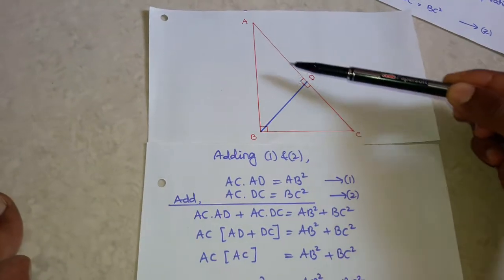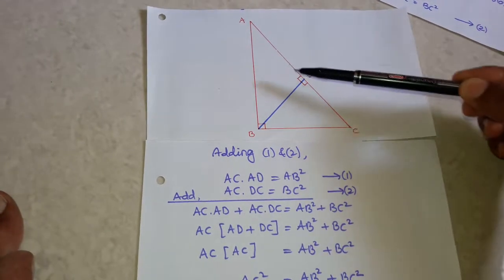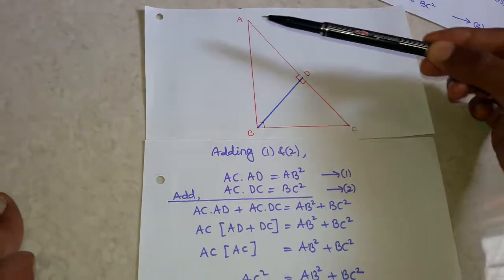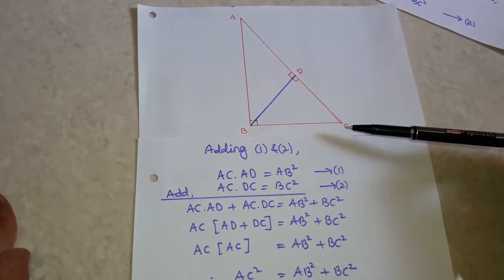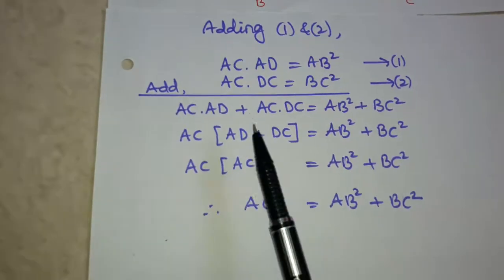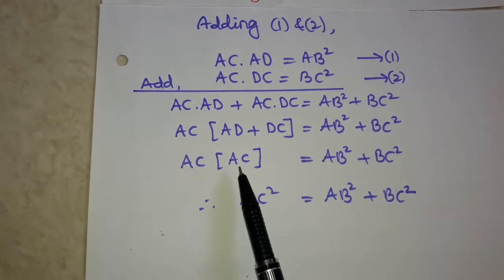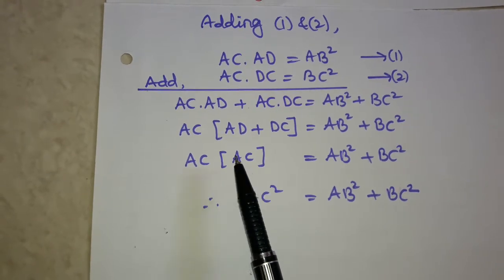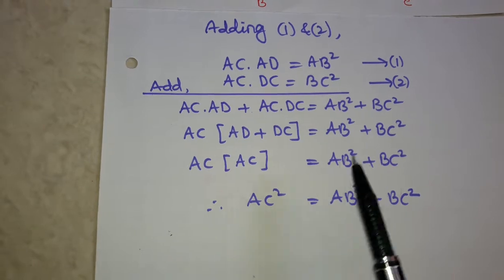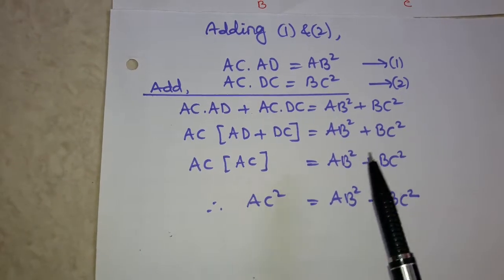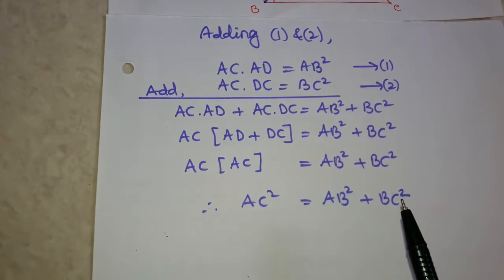Here is AD and here is DC. When you add AD to DC, you get the length of the full side AC. So AC into AC, AC square, and the right side is AB square plus BC square. So AC square is equal to AB square plus BC square.